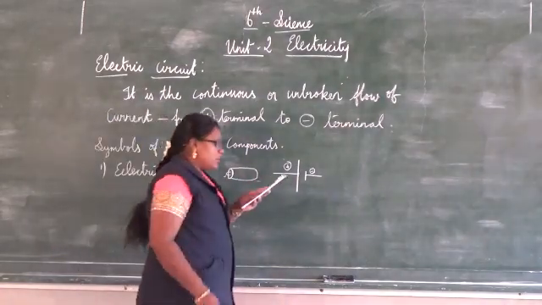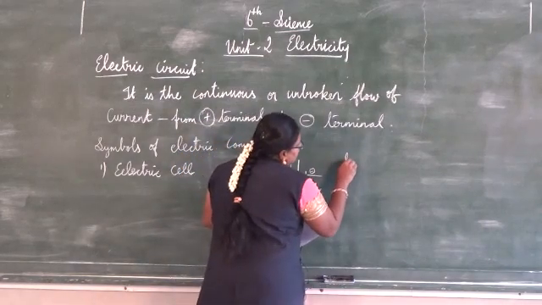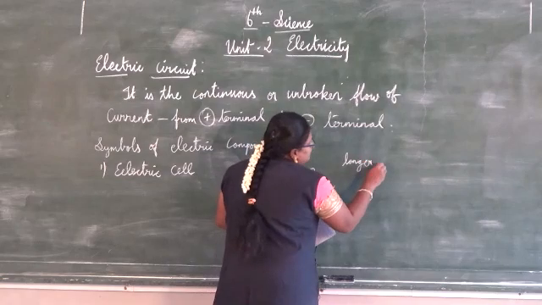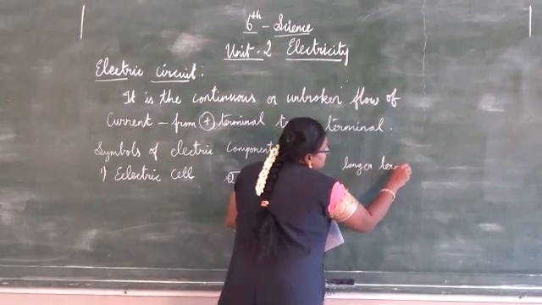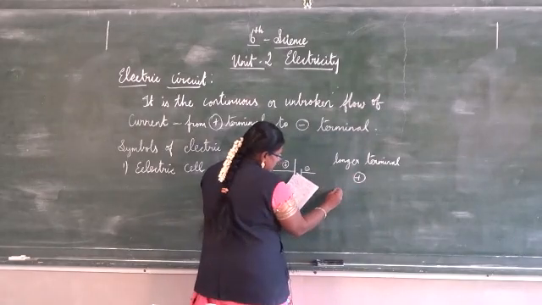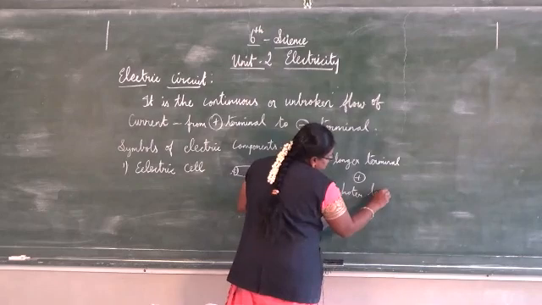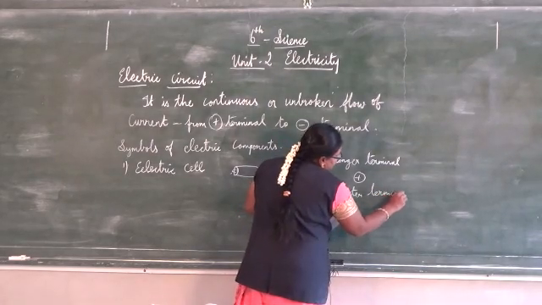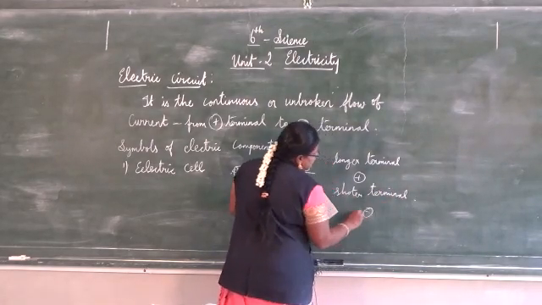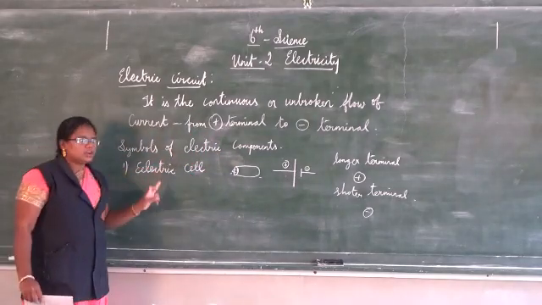Understand children? And from the longer terminal, we denote plus. Then the shorter terminal will be the minus sign, like we will mark. Okay, this is the first electric component.